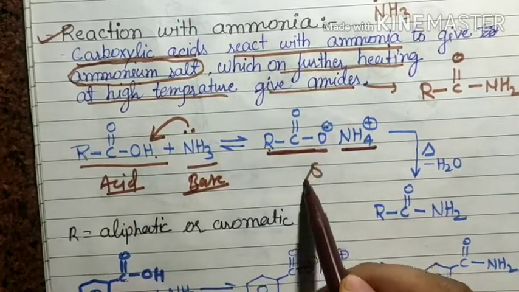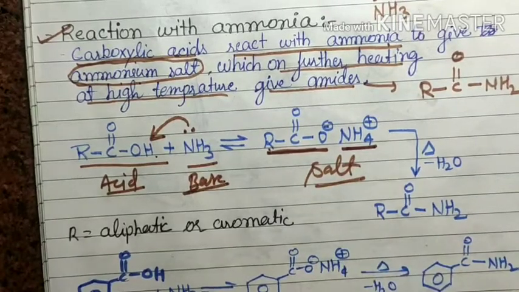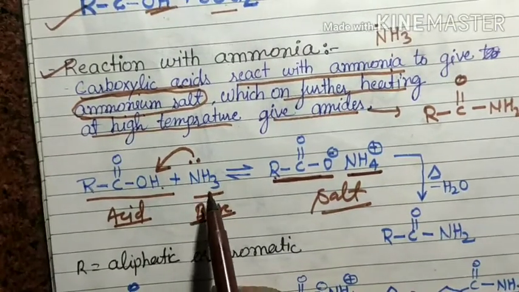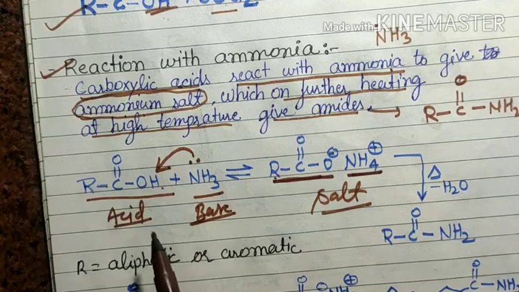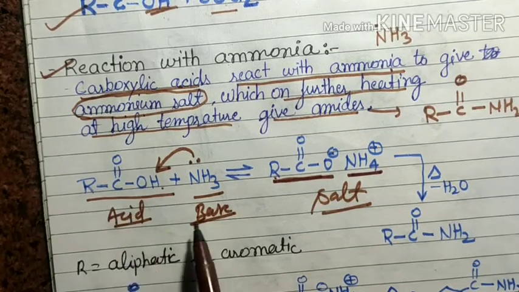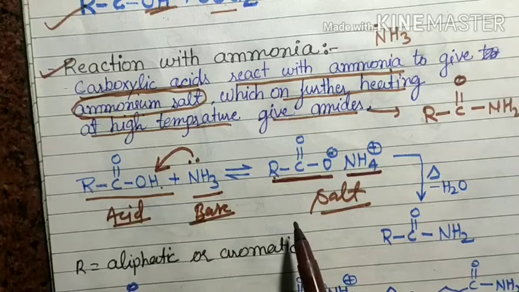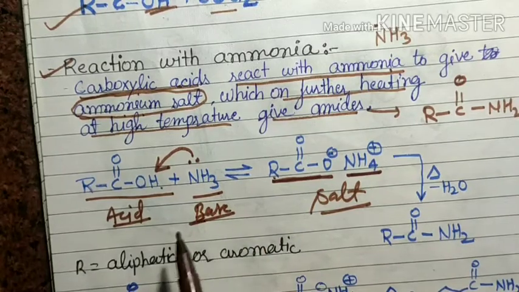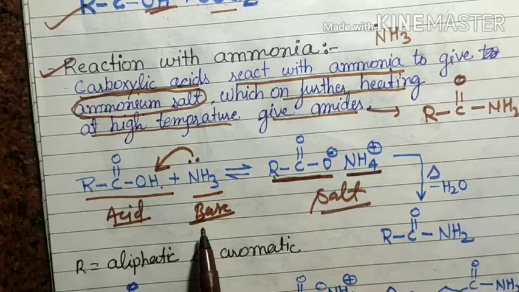So this one is the salt here. NH3 is basic here. You may think: why does the reaction of acid and base give salt and water, but here there is no water? You should know that acid and base react together to give salt and water.